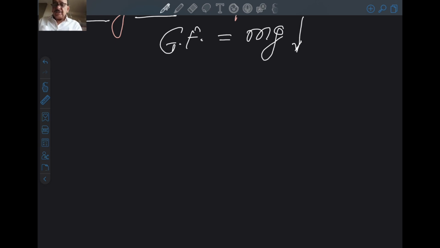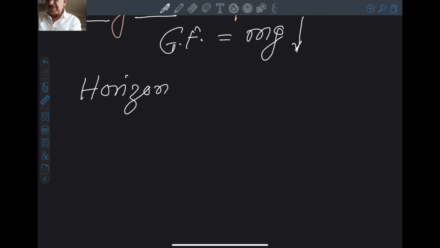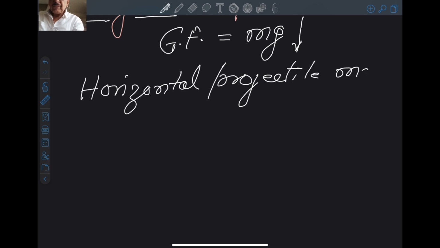we deal first with horizontal projectile motion. For this motion, we have to project our object from a certain height.